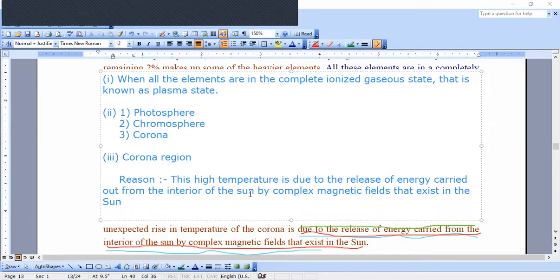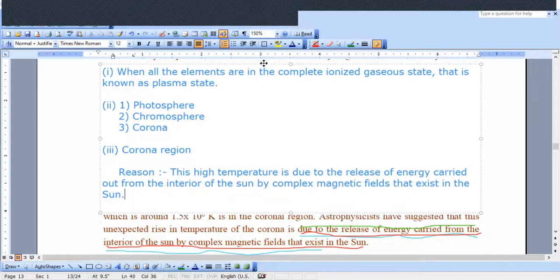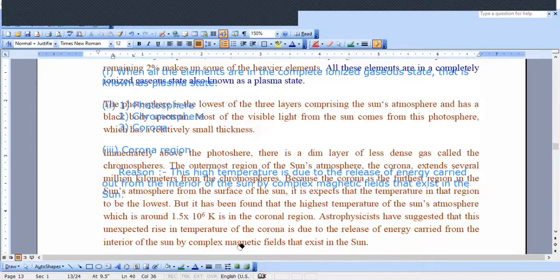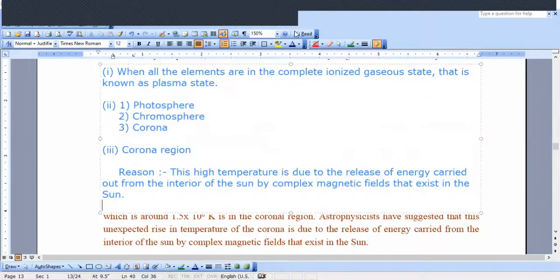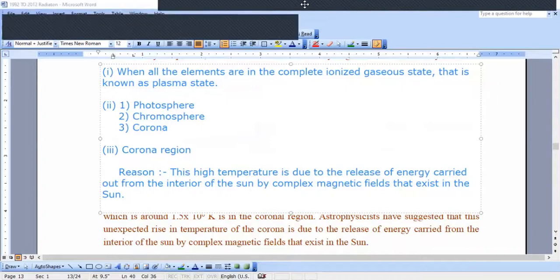Please write the answers for Roman number 1, 2, and 3. Start. Right, you may try to answer the rest of the questions at home, if you have written them.